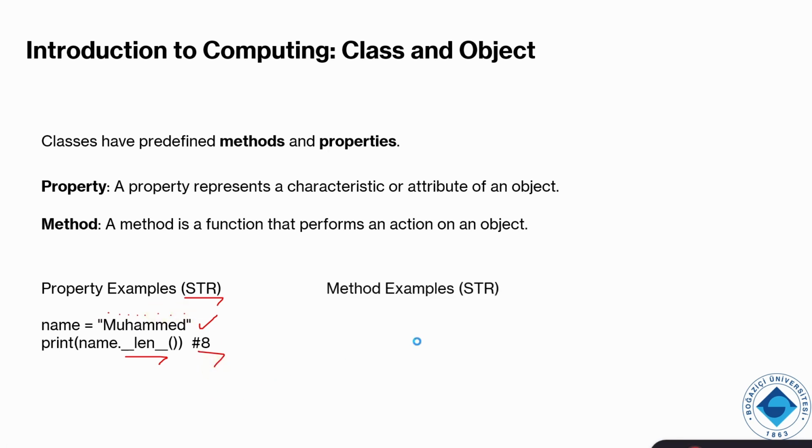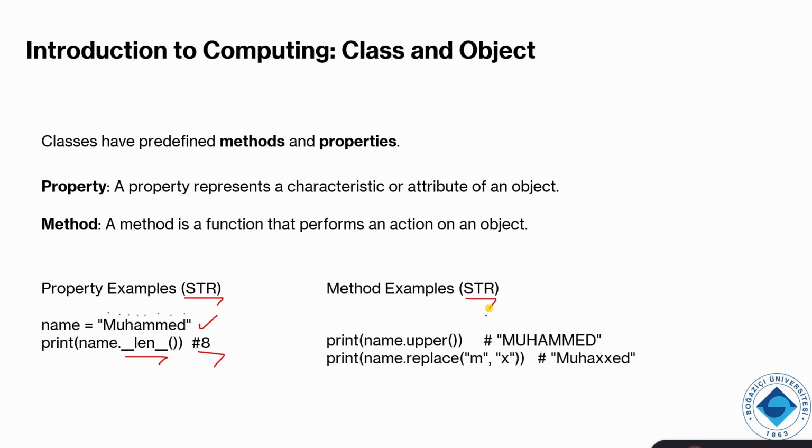And for an example of a string method, we can print name.upper. It will convert all small letters to capital. And as another example, if we use the method replace, it will replace the letters like that, right?